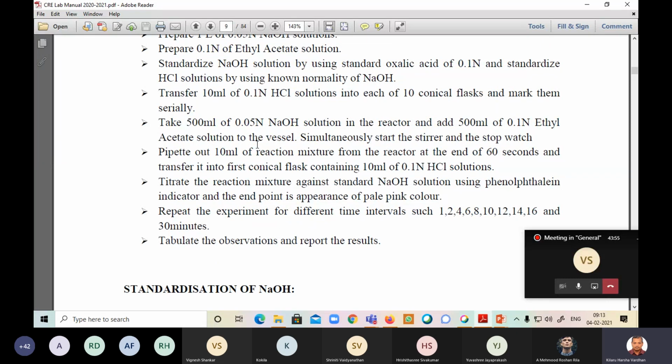Here I put my quantity as 500 of NaOH and 500 of ethyl acetate. For some of your batches, maybe the 7th or 8th batch, the record may be a previous one where they took 300 and 400. So based on that, they might have given some particular values. So read the procedure once.